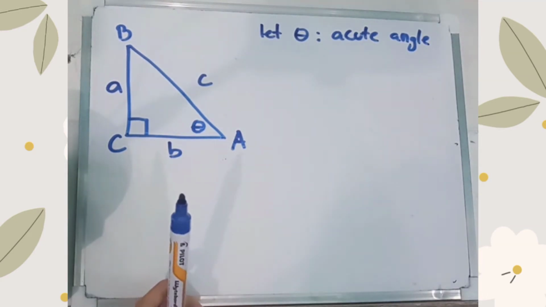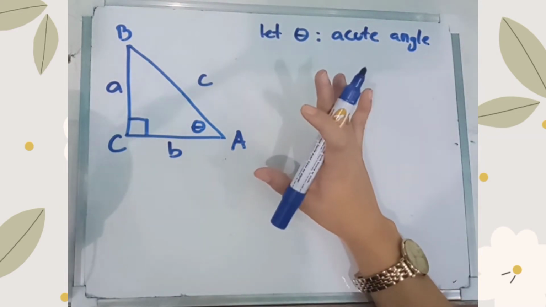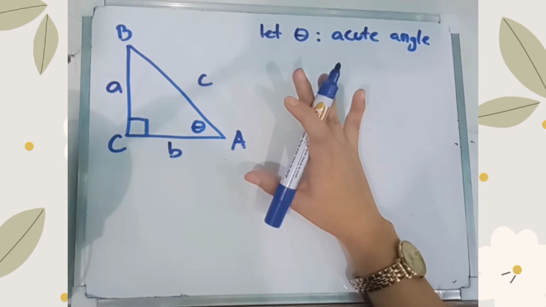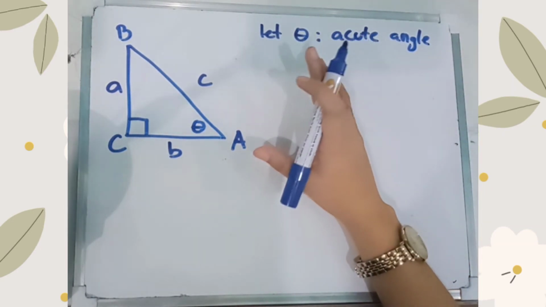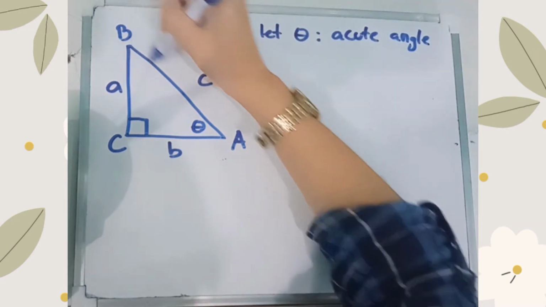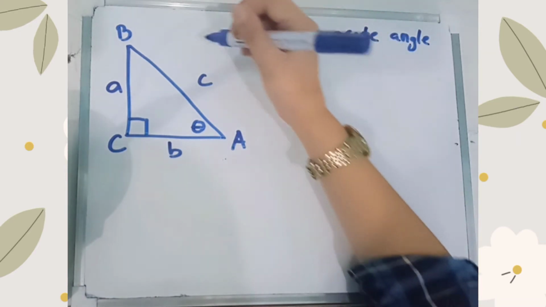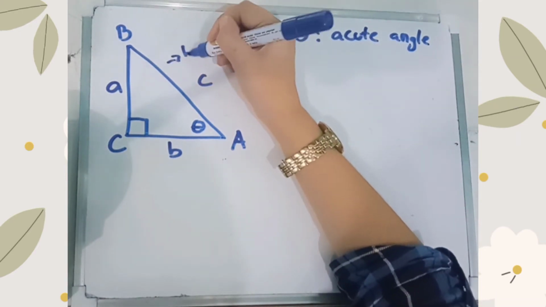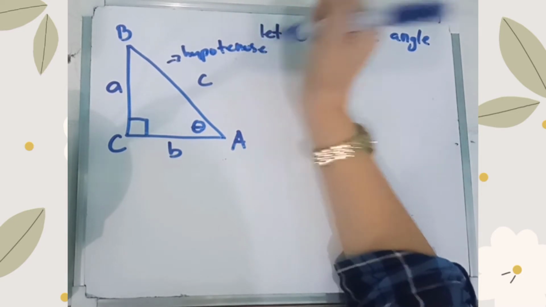But before that, let's talk about the different parts of the right triangle that will be in relation with the six trigonometric ratios. This side right here, side c, is what we call the hypotenuse.